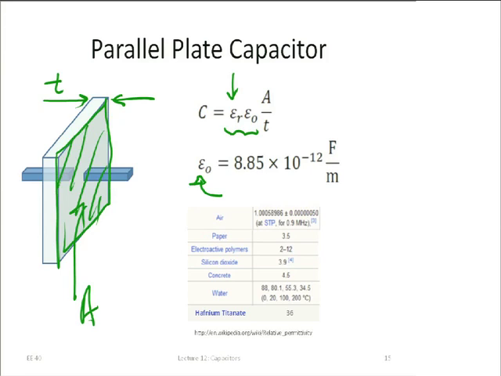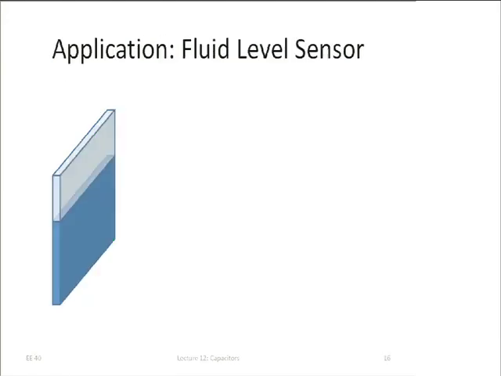If we have vacuum, then epsilon r is equal to 1. Air is very close to 1, if the air is not too humid. But if we have water, then epsilon r is on the order of a whopping 80. So it varies very much with the material. I give you a few more examples here, even concrete, God knows why. I found this on Wikipedia. So we can use this now.